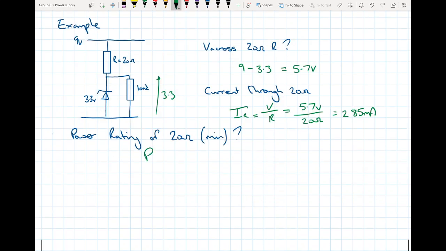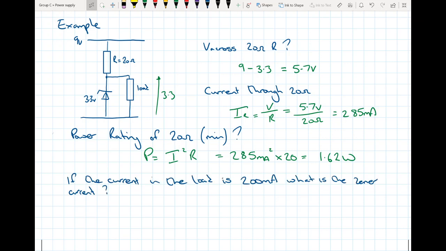We've got a couple of ways we can do this. I'm going to use I squared R: 285 milliamps squared times 20 equals 1.62 watts. So a pretty reasonable size resistor we need. Nice little simple one then.